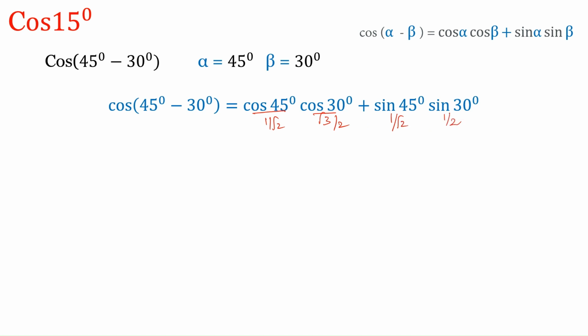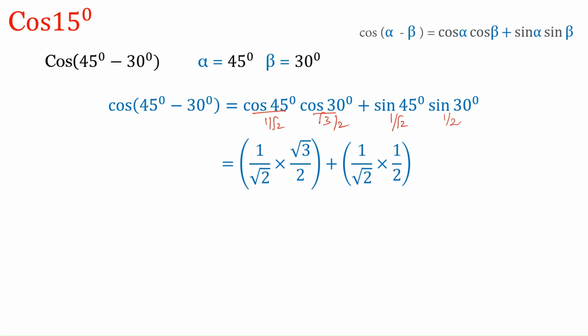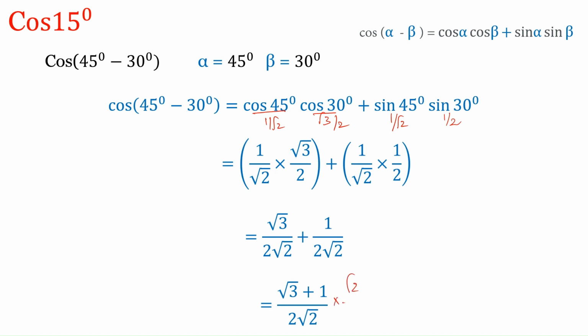Let's substitute these values, and after this if we simplify, 1 into root 3 is root 3 upon 2 root 2 plus 1 into 1 is 1 upon 2 root 2. Again both the denominators are the same, so directly add the numerators, that gives root 3 plus 1 upon 2 root 2. Either we can leave it here or we can multiply both numerator and denominator with root 2.